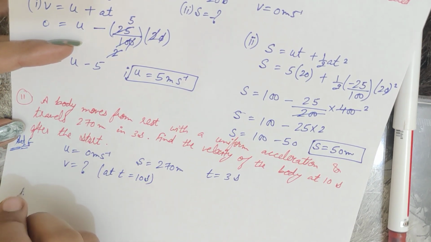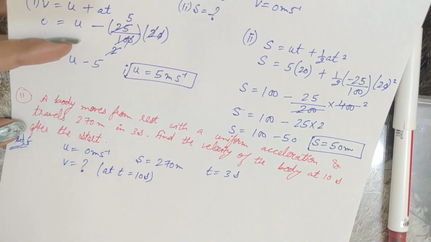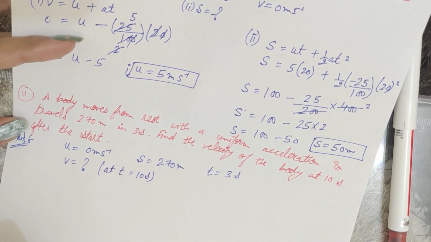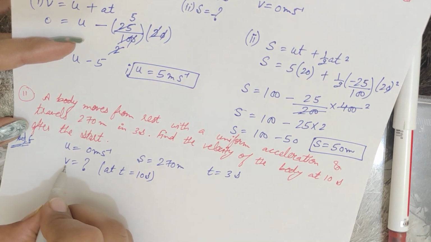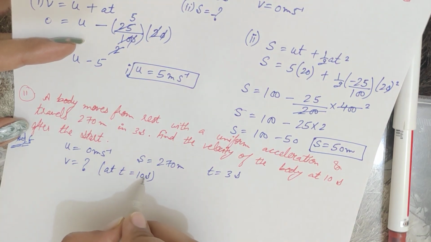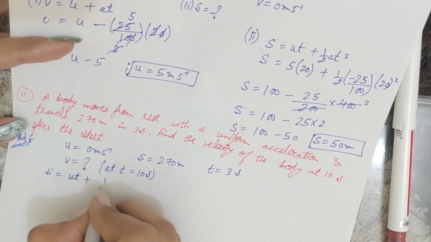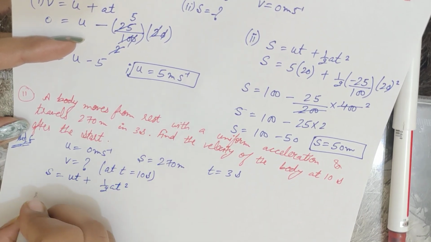If we are finding the velocity for the first 9 seconds and we just subtract it, or for the first 9 seconds we are finding the value of acceleration, then we can simply find the velocity for it at the 10th second. So we are using s is equal to ut plus half at square.